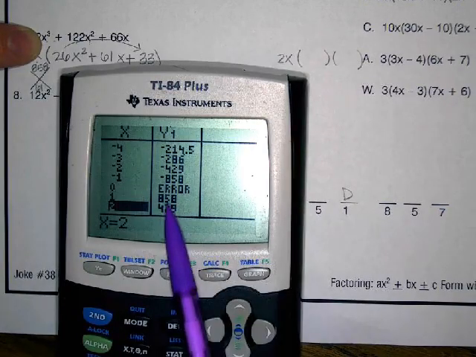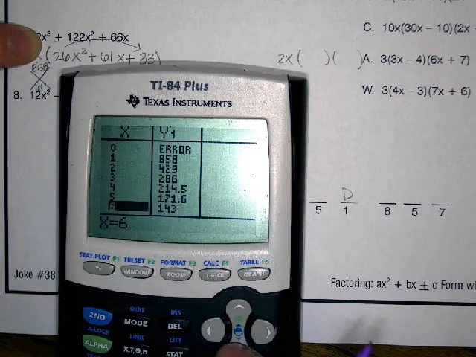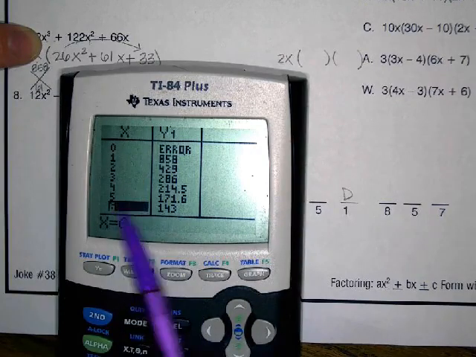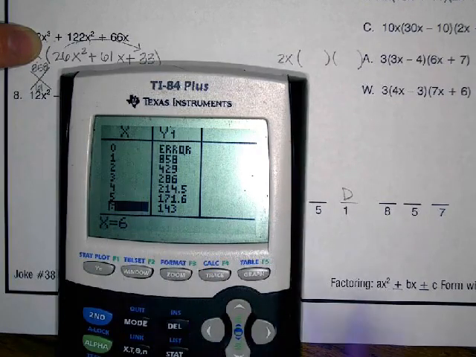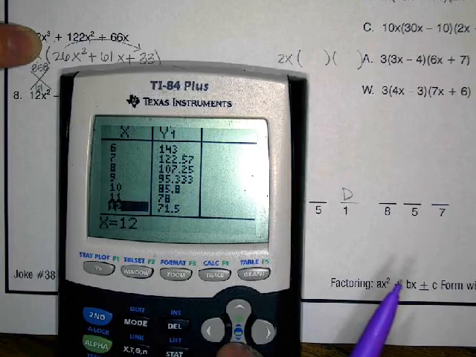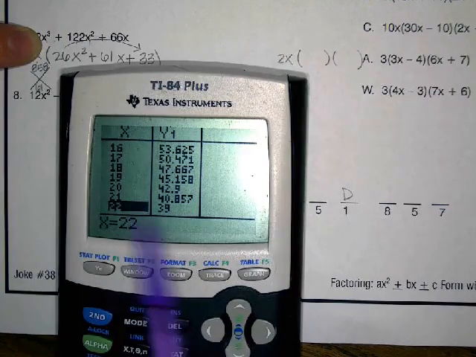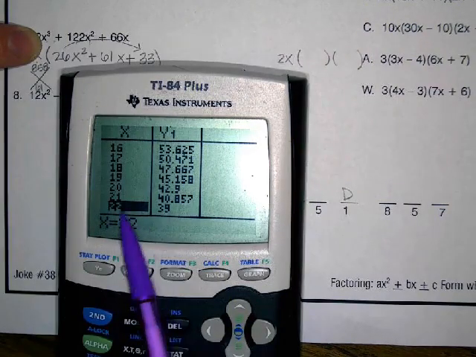Adding up to 61. I'm ignoring my decimals. This adds up to over 100 still, so I'm ignoring it. Ignoring my decimals. Did you find it? 22 and 39. Okay, let's get down there. Okay, 22 and 39 would be 50 and 11, 61. Okay, 22 and 39.